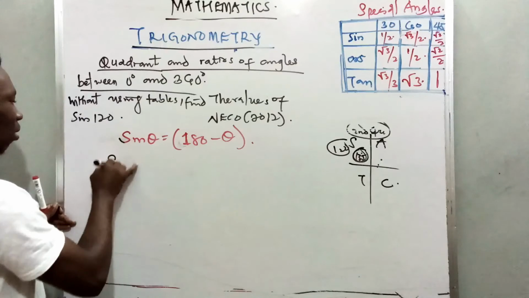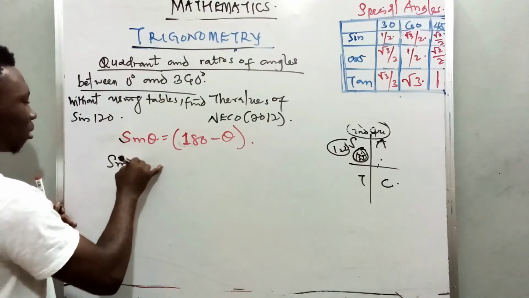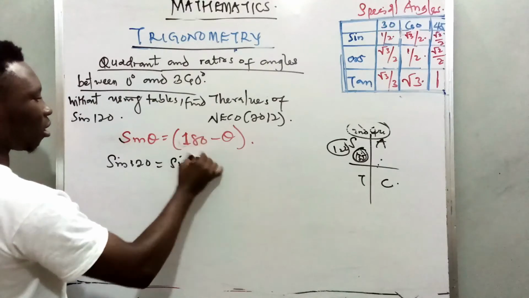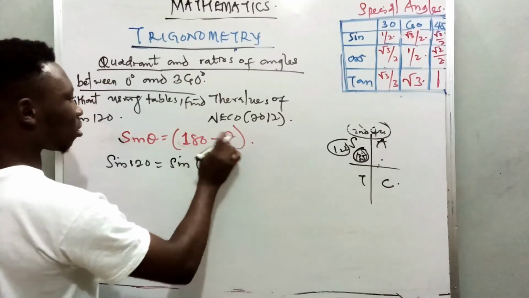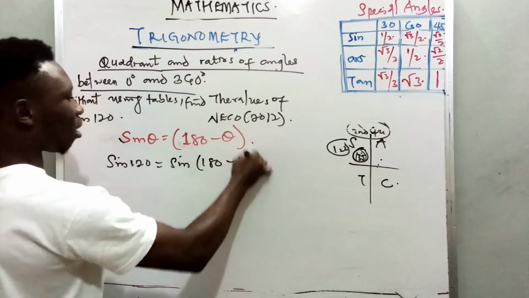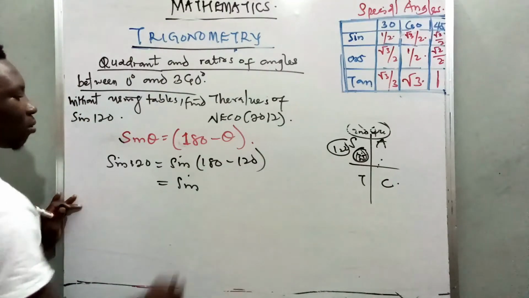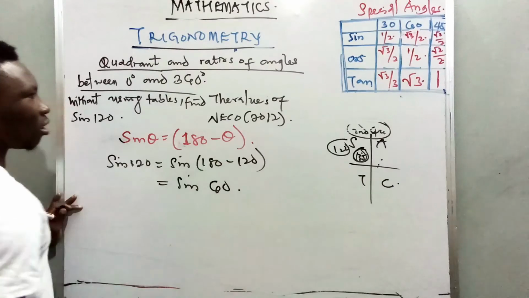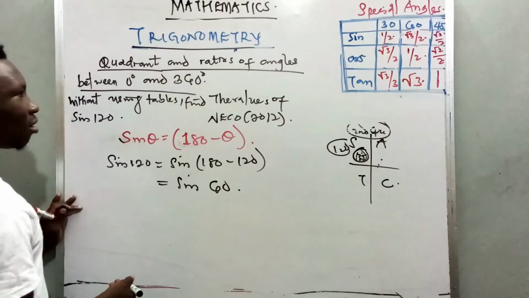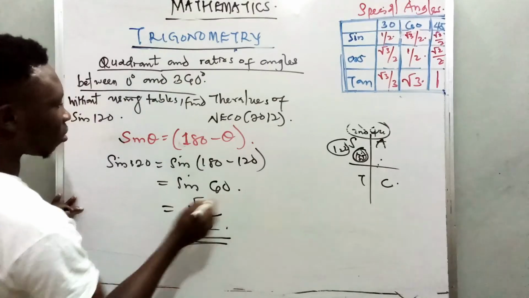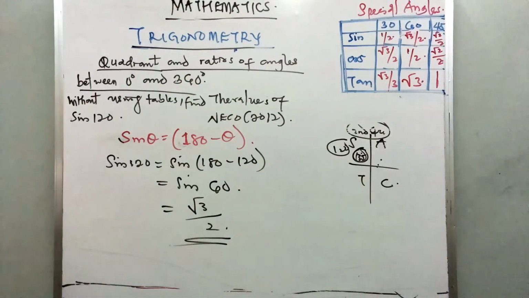I had that sine 120 is equal to sine of 180 minus 120. That's going to give us sine 60, and sine 60 degrees is equal to root 3 over 2. And that is our final answer.